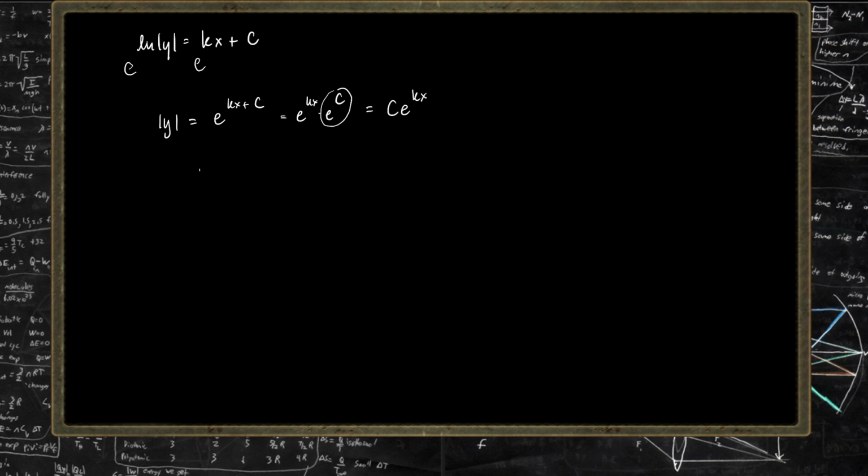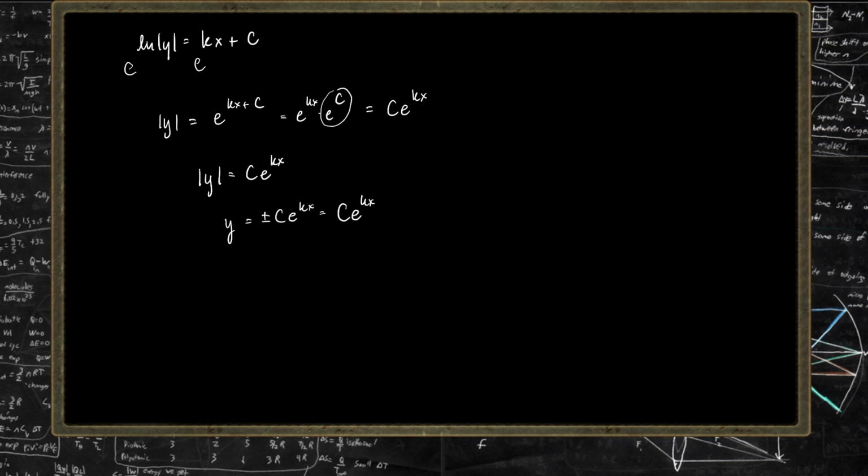So what we have right now is that the absolute value of y equals C e to the kx. And again, since C is any old constant, plus or minus doesn't quite matter, and that's why we can drop that absolute value sign and just say plus or minus C e to the kx is just C e to the kx. C encapsulates all real numbers, unless we have some other restriction, which we don't.